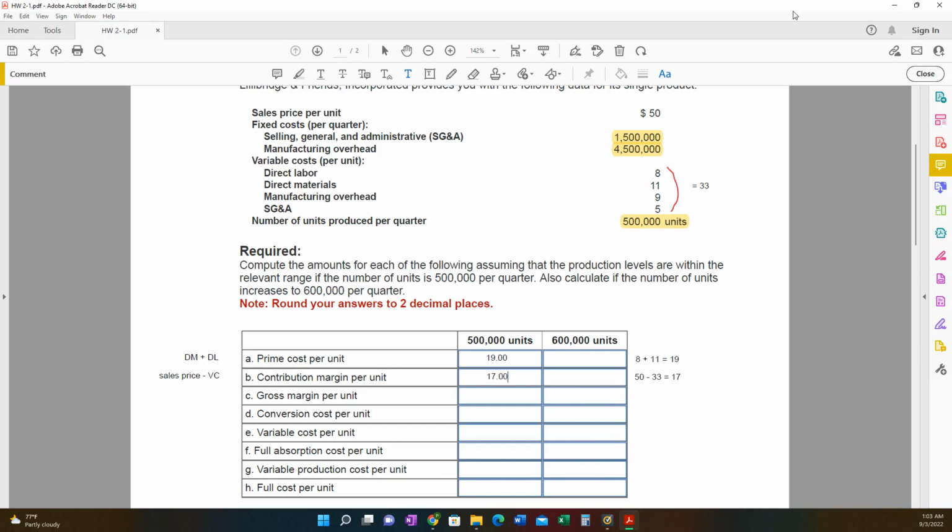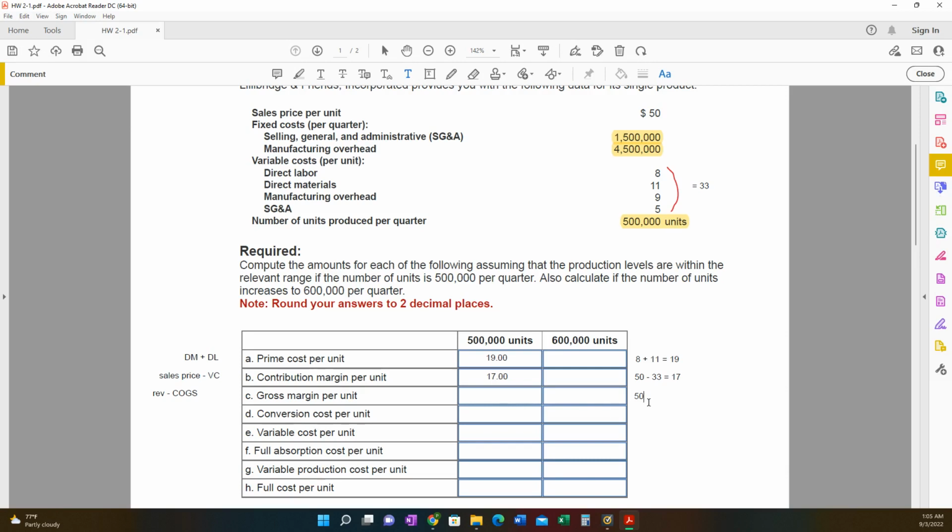Next, we look at gross margin. Gross margin is found on page 62, which tells us that the formula for gross margin is revenue minus cost of goods sold. So the revenue from one item sold is $50. But what is cost of goods sold?